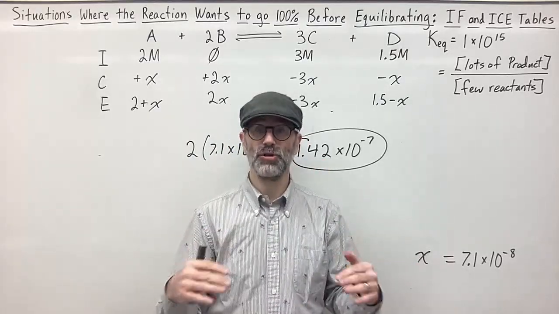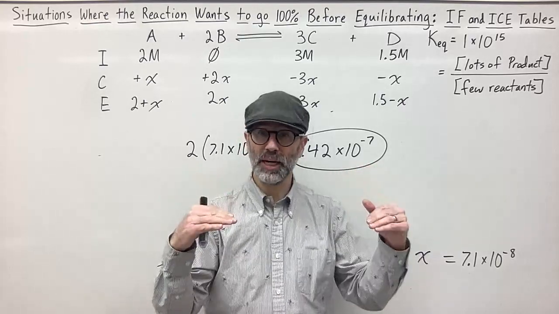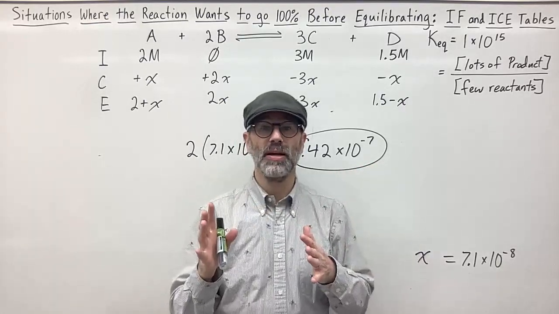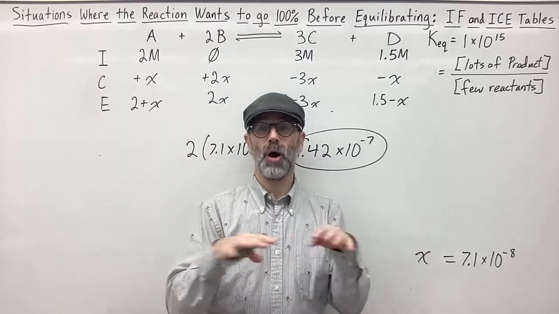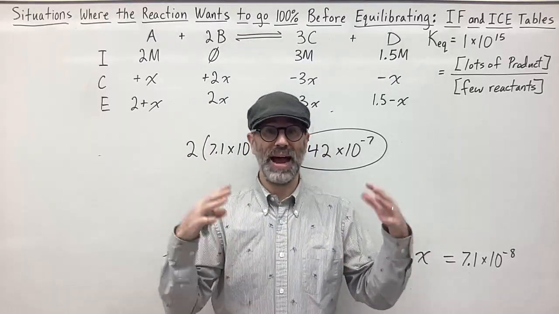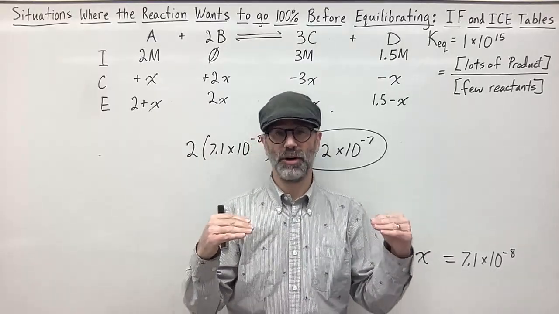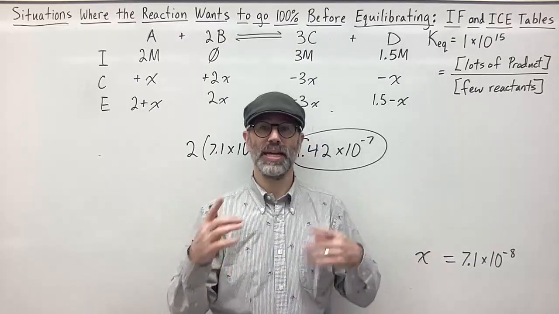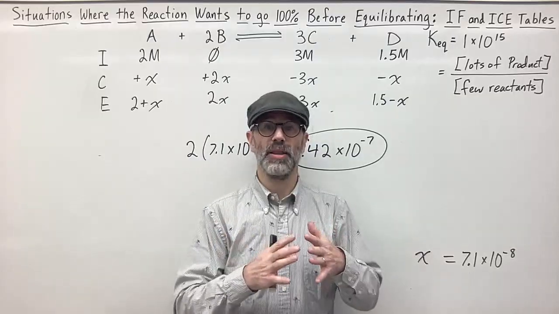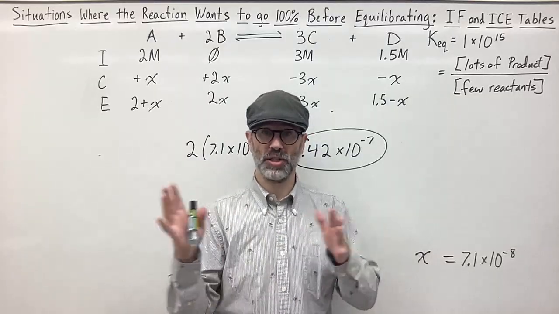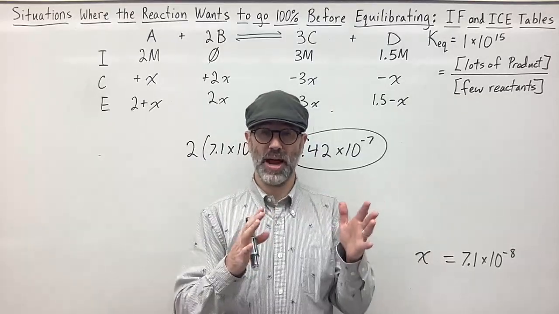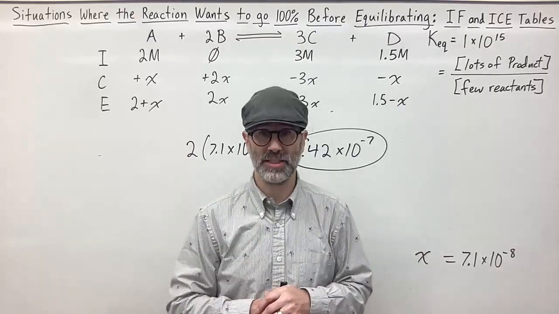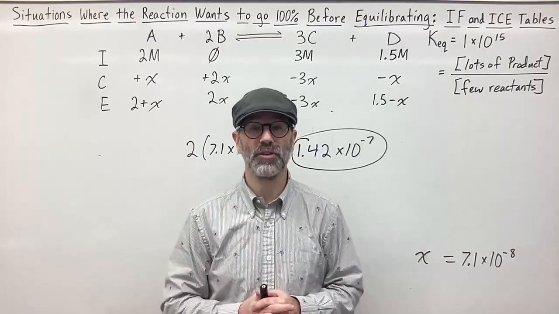Do the stoichiometry, do your limiting reagent reaction, and then when you figure out what mole amounts you have after the completion of that reaction going 100%, then you got to go back and recalculate the molarities of your substances, your products and reactants, and then do your ICE table using the new molarities, okay?